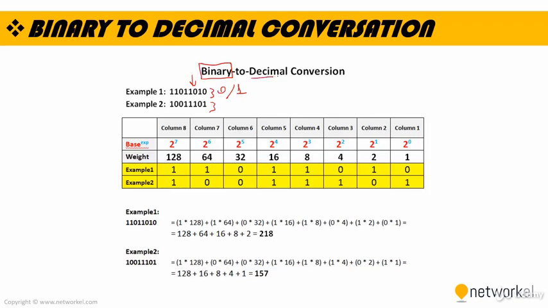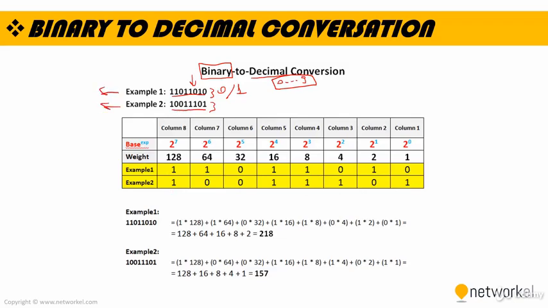But in decimal values, I can use the numbers from 0 to 9, as you know. Okay, let's take a look at our examples. For the first example, I'm writing this number, as you can see. And I'm writing example 2 also, 100111101. And let's make our conversion.